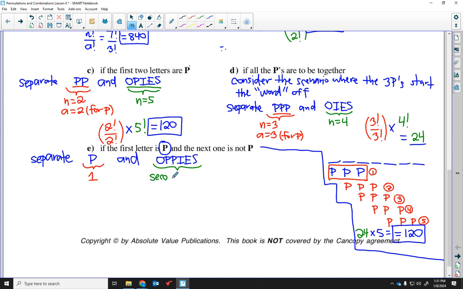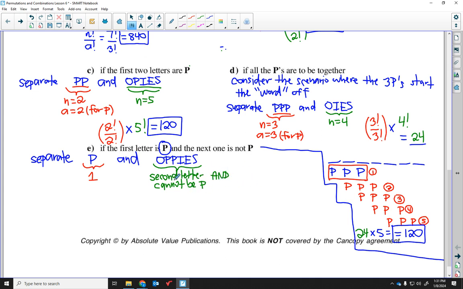Second letter, but by second letter, I mean the first letter in this group of elements we've separated. So second letter cannot be P, and whatever's left over after that.